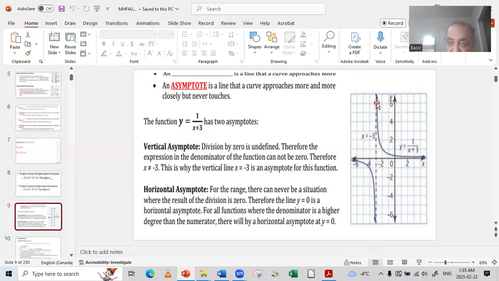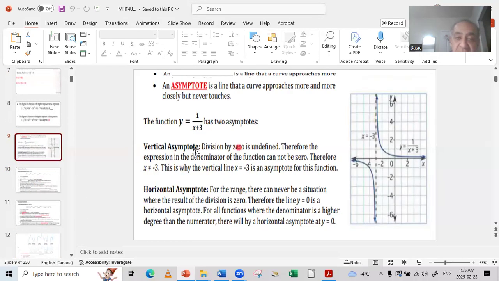They don't intersect it. They just go very close to it. It's a line that a curve approaches more and more closely, but never touches. I think it's very clear now. So this is the meaning of the word asymptote.